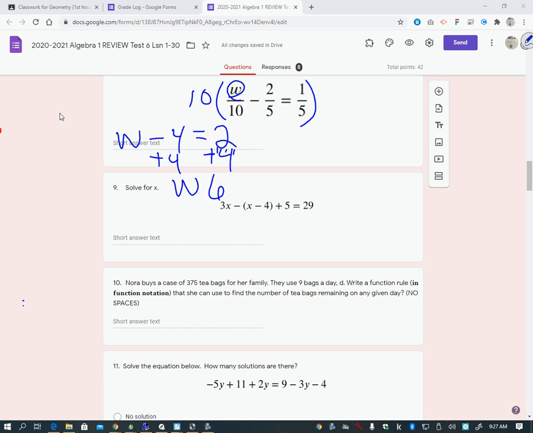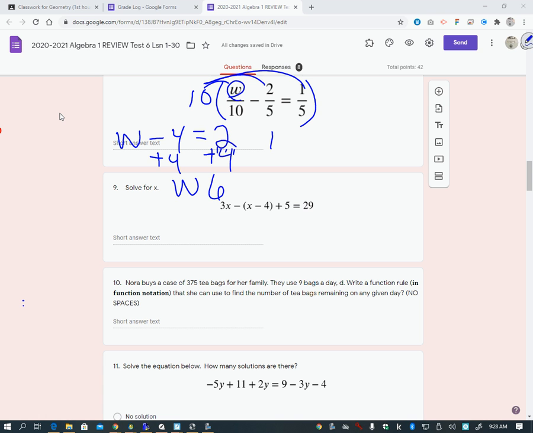10W, all right? 10 times W divided by 10 is just W, right? 10 times negative 2 is negative 20, right? Negative 20 divided by 5 is negative 4, right? 10 times 1 is 10. 10 divided by 5 is 2, right? I'm just distributing the 10 to the numerator. So it goes here, here, and here.